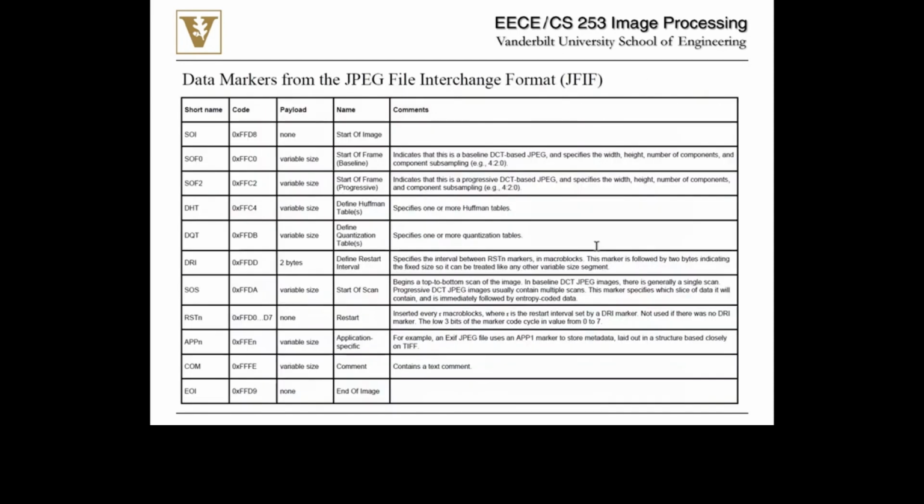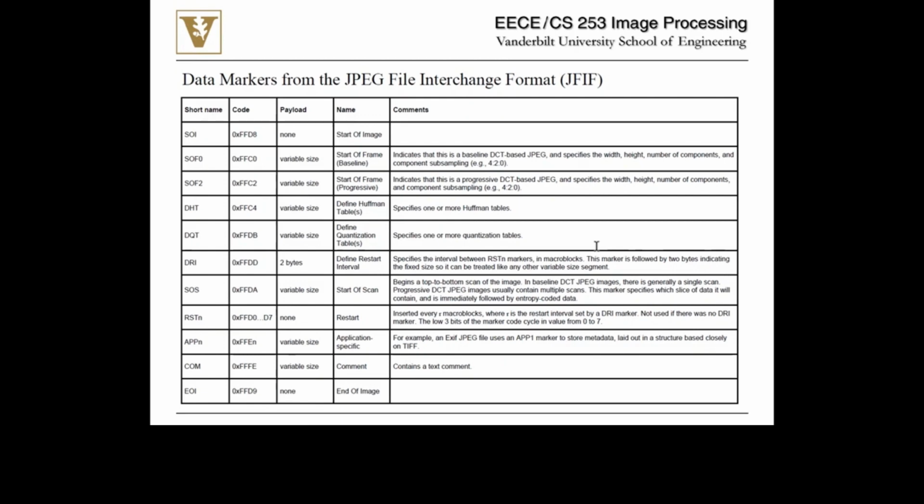So let's take this image, and the headers make use of flags. These are flags or data markers. So we have flags, each one with a different meaning. For instance, there is one flag that is start of image.